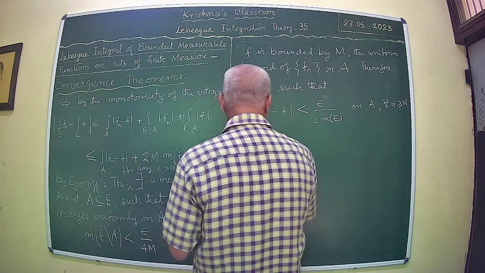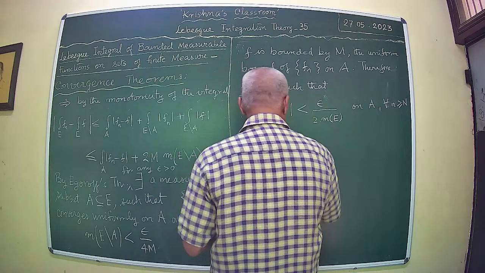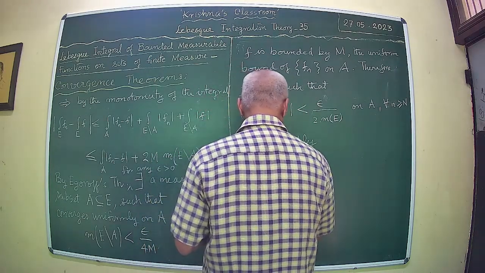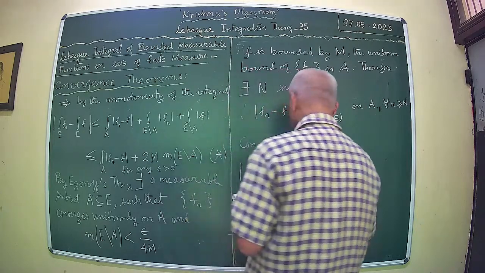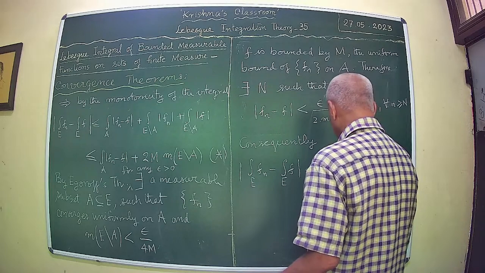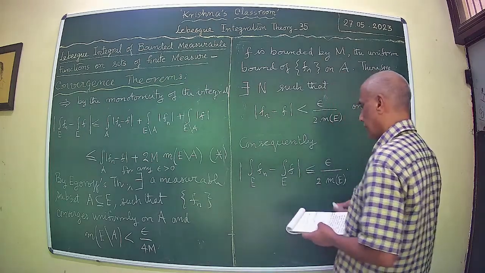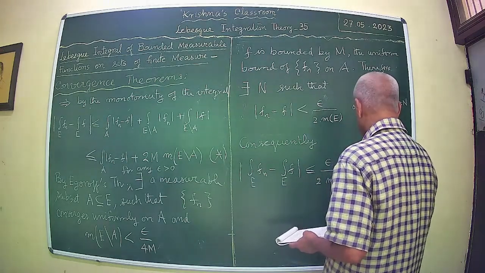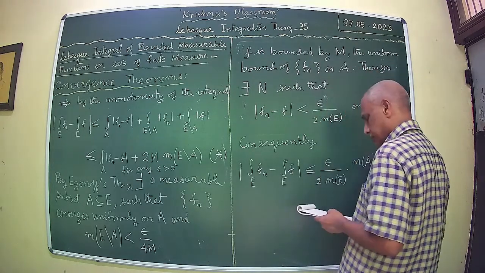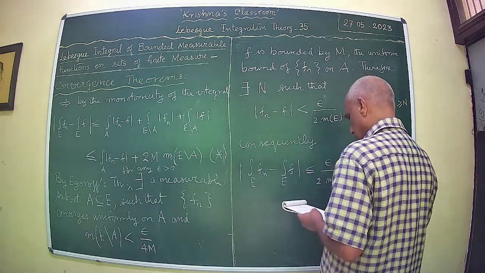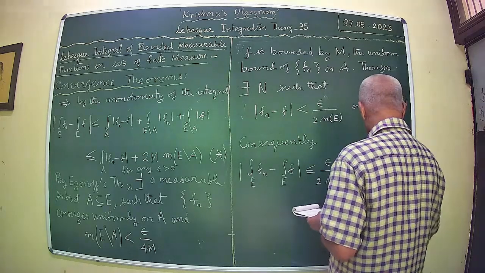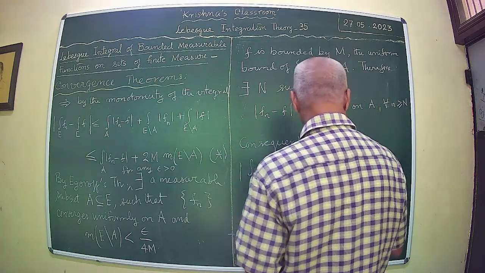Consequently, just a minute. Epsilon divided by twice the measure of A, multiplied by the measure of A, plus 2M into the measure of E slash A, and this of course is less than epsilon.